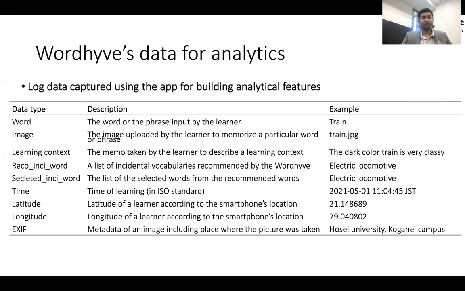Log data means the kind of word you want to learn, whether it's a concrete noun or an abstract noun. Also, the kind of image that you input for representing the word that the learner wants to learn. Also, the learning context, for which we use a little bit of NLP to understand it. Also, the time and the current learning location from the log data.